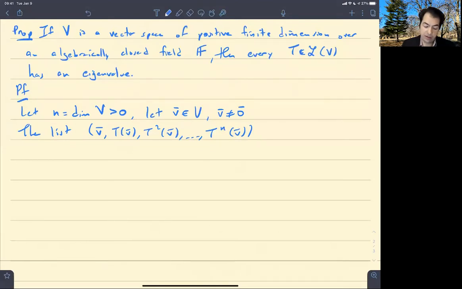Now this list has n plus 1 vectors in a vector space of dimension n, so it is linearly dependent.